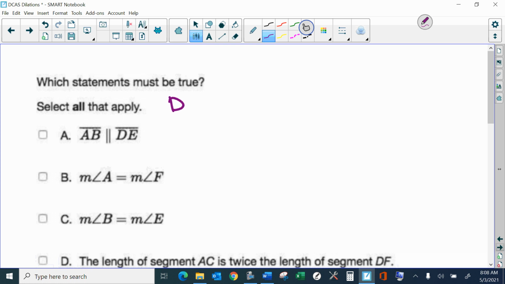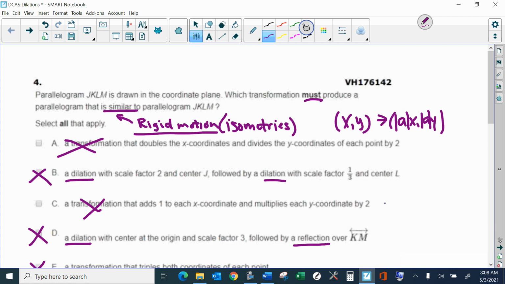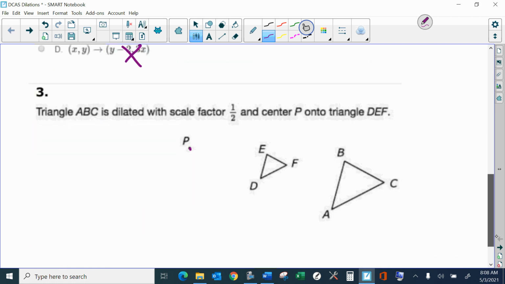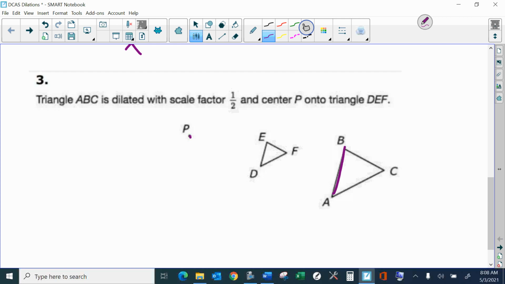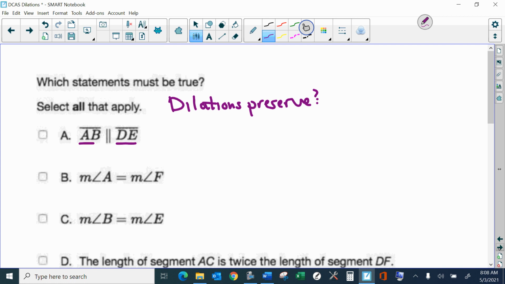So what do dilations preserve is what it's really asking. That's the question. Parallelism, remember parallelism. So I'm guessing AB corresponds with DE. So AB corresponds with DE, yes. So they're going to remain parallel. AB, DE. That's true.